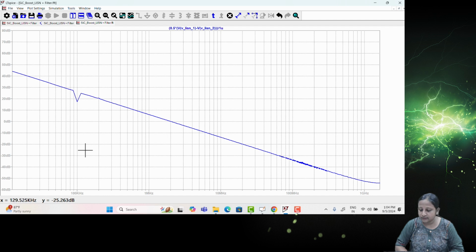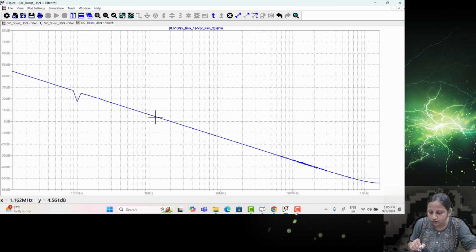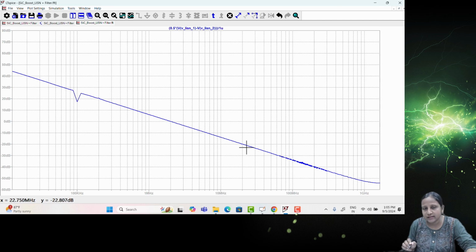See, in this frequency also you are getting this result. So this filter is satisfying, because you have already designed the filter for low frequency, and it is capable of attenuating signals at higher frequency. This particular point is well below the standard limit, so it is satisfying.